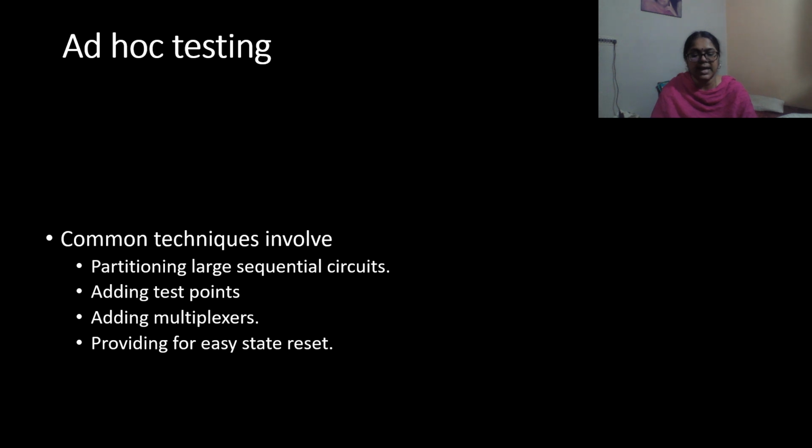Useful for small designs where scan, ATPG, BIST are not available. What is ATPG? ATPG is automatic test pattern generation. BIST is built-in self-test. So if scan, ATPG and BIST are not available, then ad hoc testing is used. Complex scan-based testing methodology is recommended for digital circuits.